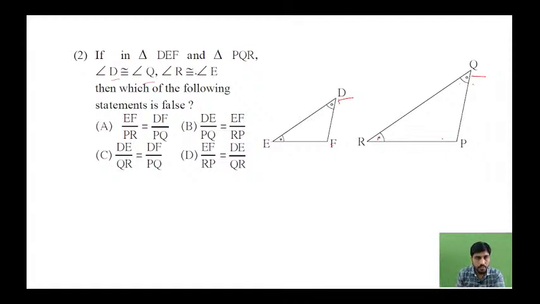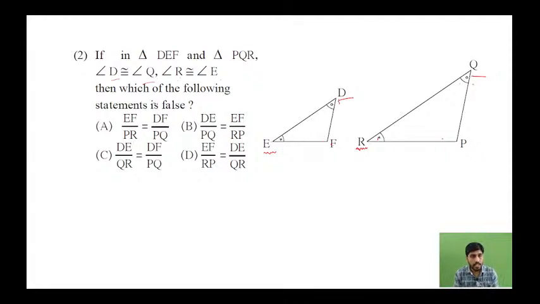And one more thing is given, that R is congruent to E. So obviously we know the theorem that the sum of all angles of any triangle is 180. So if these two angles are congruent, obviously the third angle is also going to be congruent.